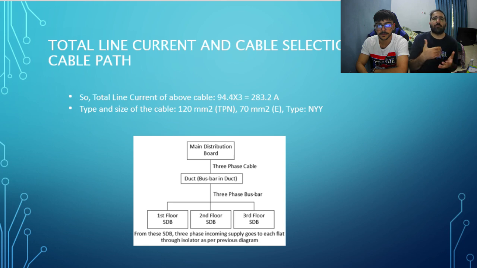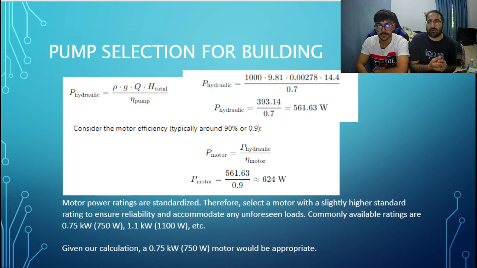So let's go to the pipe selection for the building. First, we have to calculate the pipe hydraulic power, which we calculated and saw that it's 561.63 watts. We considered that the motor efficiency is around 90%, so it's 0.9.